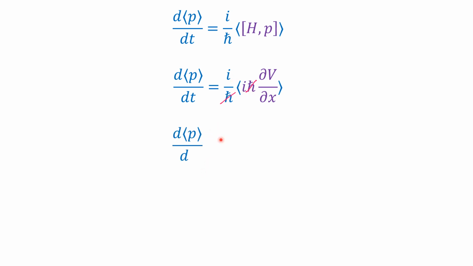So on the right hand side it will become minus del V over del x, which is nothing but the negative gradient of V. That is, the time derivative of the expectation value of momentum is equal to the expectation value of the negative gradient of the potential V. This is the Ehrenfest second theorem.